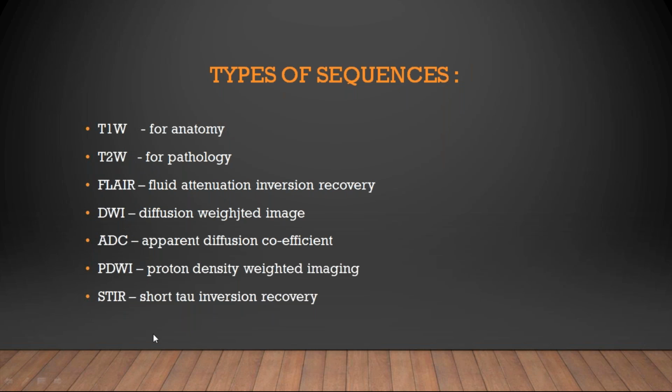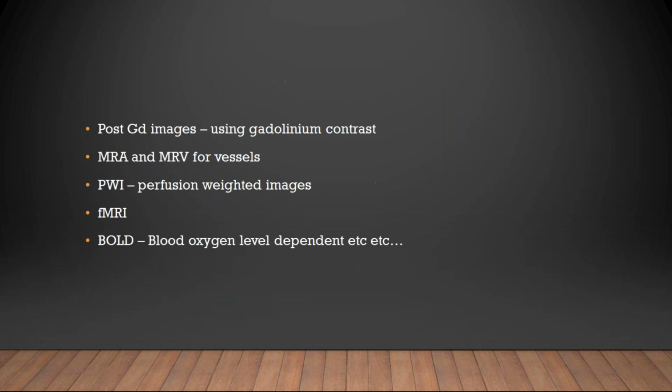It uses the density of the protons in the brain or any bony substances. STIR is short-term inversion recovery, in which the fat is suppressed and the surrounding pathology can be easily recognized. Because fat gives a bright signal, it can mask the pathology. So by suppressing the fat, we can obtain a good image using the STIR sequence. Similarly, FATSAT, which is just similar to the STIR sequence, can also be used.